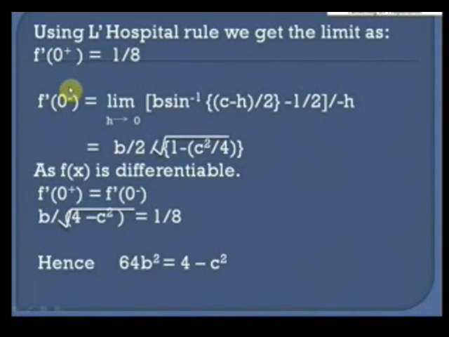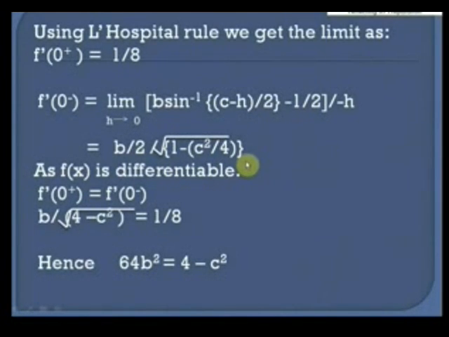So this is equal to the limit of (b sin inverse of (c - h)/2 - 1/2) divided by -h. Here h again tends to 0. Now we again apply the L'Hopital rule here and get the limit as equal to (b/2) divided by the square root of (1 - c²/4), or we can write it as b divided by the square root of (4 - c²).